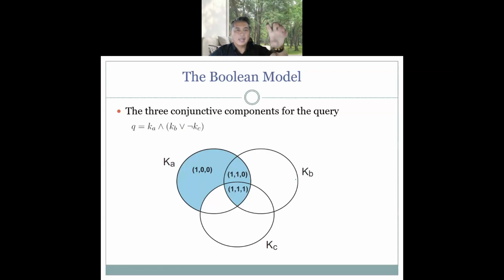One means they are in keyword A, and then this one means they are outside keyword B and outside keyword C, and the middle one here is keywords A, B, C. With this expression, the blue one is your area of retrieval. So the documents in here or here will not be retrieved. You only retrieve documents that fall in the blue area.